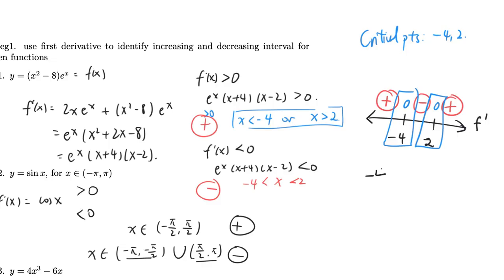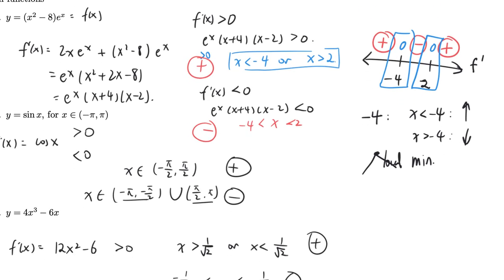For -4, if x is less than -4, it is increasing. For x greater than -4, it is decreasing. So at x equals -4, I would be hitting a local maximum, because before I was increasing, now I'm decreasing.